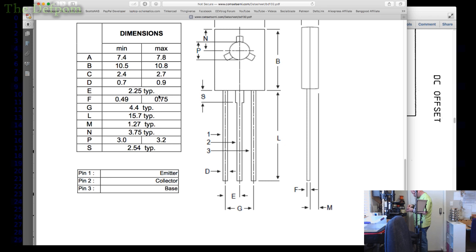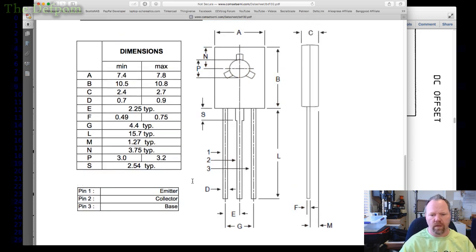Number's familiar. Okay. Let's look at these specs and see if I've got a substitute I can chuck in here just in case it's just there. Right.